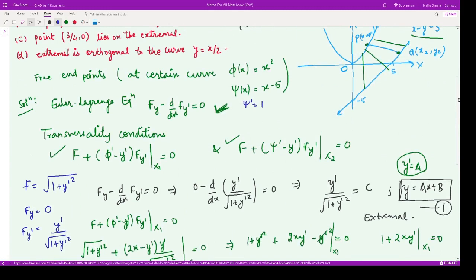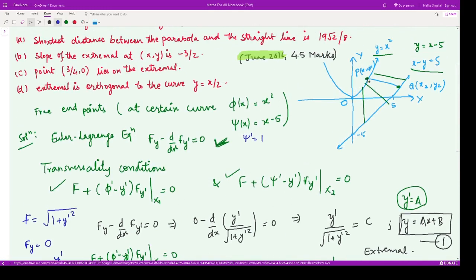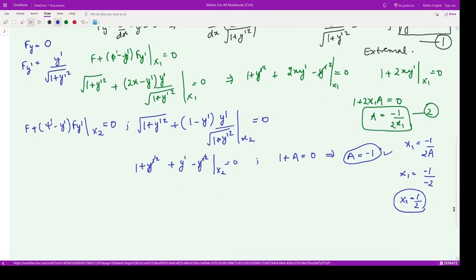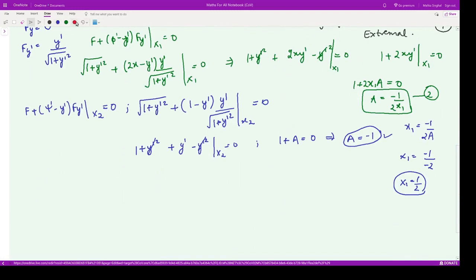How? This point y1 here lies on this parabola, y is equal to x square. So as the point x1 comma y1 lies on y is equal to x square, we have y1 is equal to x1 square.